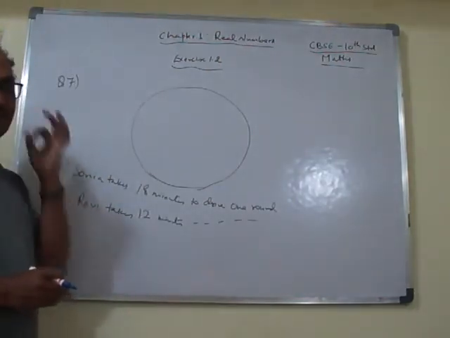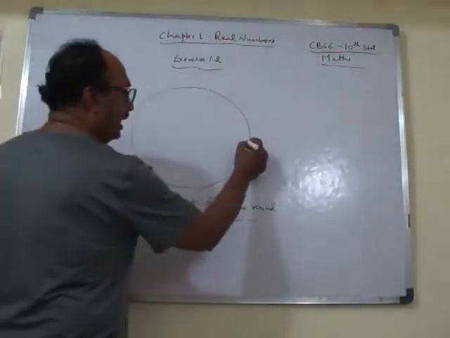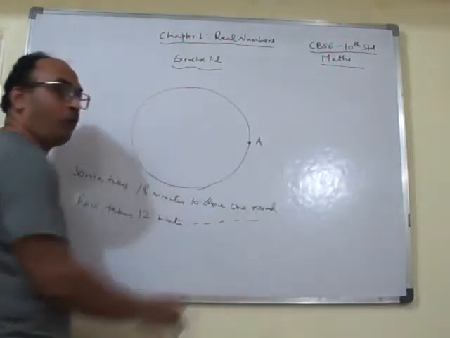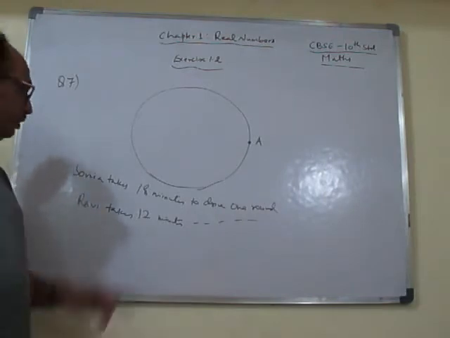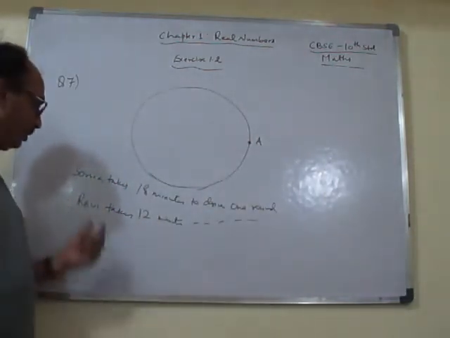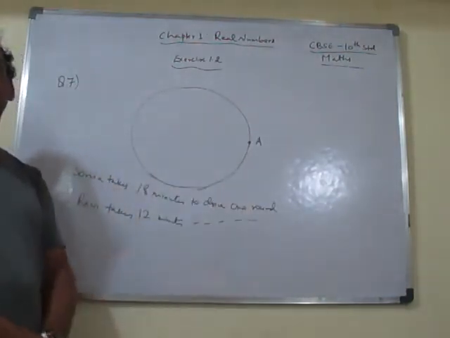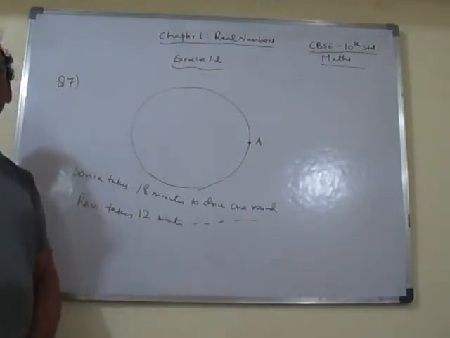Suppose they both start at the same point, say from point A. Sonia will take 18 minutes to come back to A. Ravi will take 12 minutes to come back to A. He is taking less time, and she is taking more time.